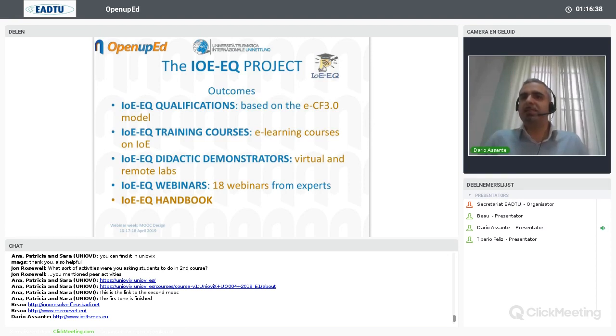In this case, we have designed some qualifications according to the e-competence framework 3.0, the latest competence framework designed by the European Commission, especially for the transnational recognition of digital competencies. So it's a new experience of what could be the most advanced European framework for the recognition of competencies.